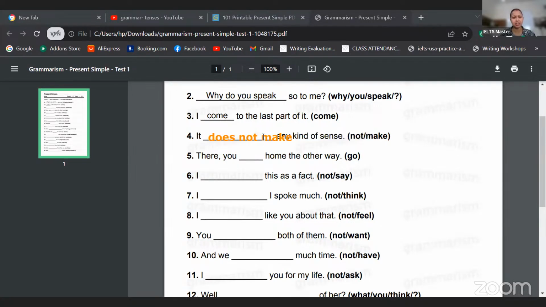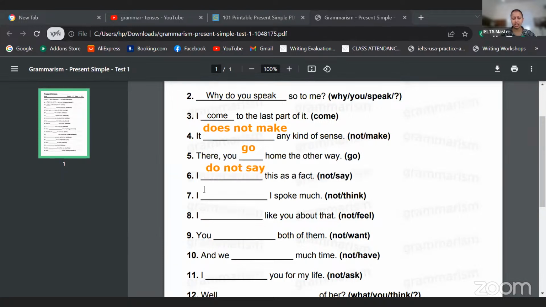Is that clear? Similarly, we have another one, there you dash home the other way. I not say. I do not say.